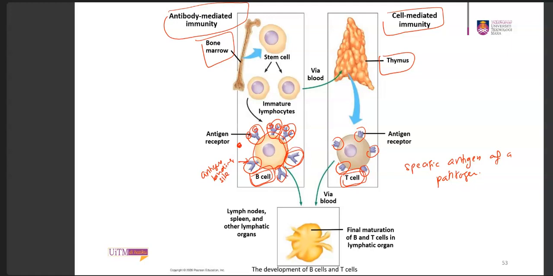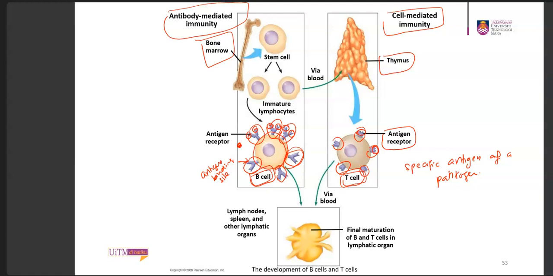So that's why the B cell has to have many receptors, but the receptors are the same for the same B or T cell. Sama juga ini, the receptor has an antigen binding site, specific to bind to specific antigen.